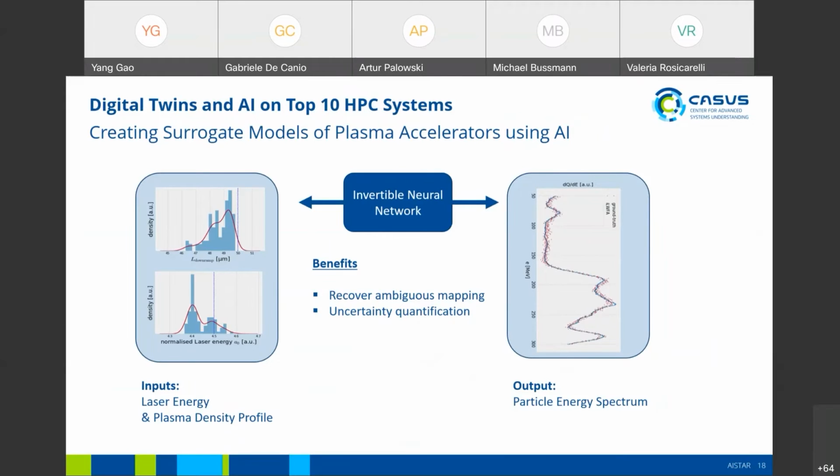So this is still based from file output, but we get very nice results for these very complex problems, so that we can mimic, for example, the energy spectrum of particles generated by the highly nonlinear interaction of the high power laser with a target. And what we're doing is we're using invertible neural networks.